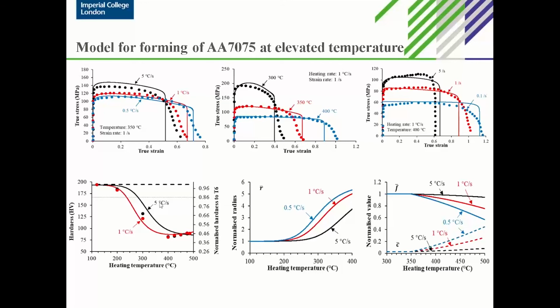T6 is the peak aged material. In that case, for the heating rate of 5 degrees per second, the deformation temperature could be up to 280. And for the heating rate of 1 degree per second, the deformation temperature could only be around 220 degrees.